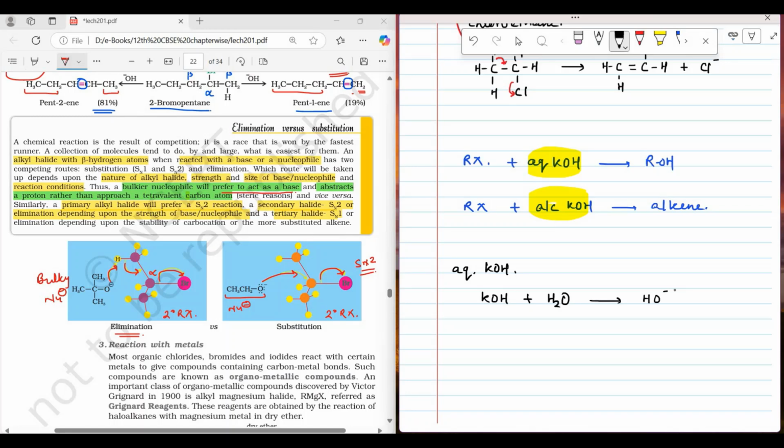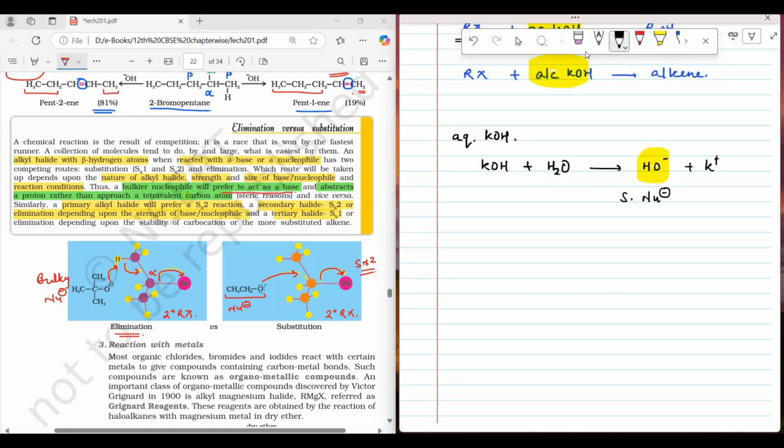So this OH negative ion is a small nucleophile, and it will act as a nucleophile because it is smaller in size, and it is a strong nucleophile. That's why with the aqueous KOH solution, alkyl halide undergoes SN2 or SN1 reaction mechanism depending on the type of alkyl halide.